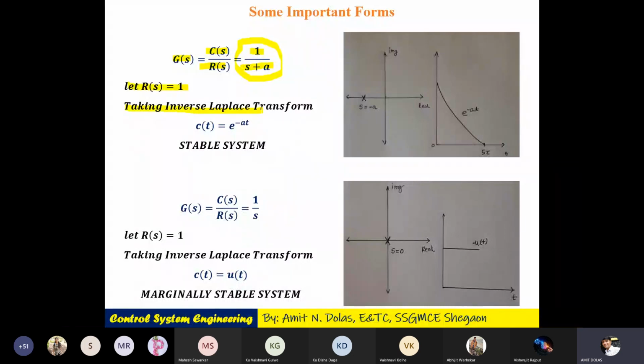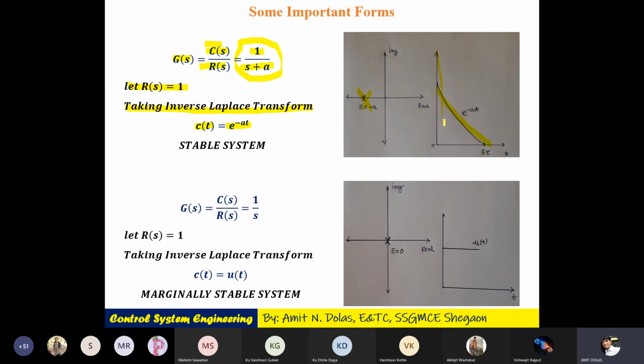After taking the inverse Laplace transform, C of S will be equal to 1 by S plus A, and C of t will be e raised to power minus at. So your pole lies on the left hand side, a real pole. Then your system is stable. The response will be like this.